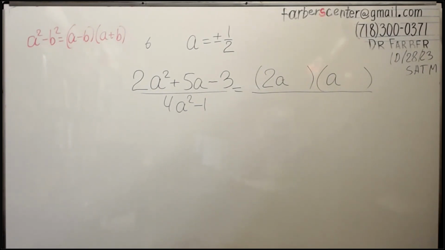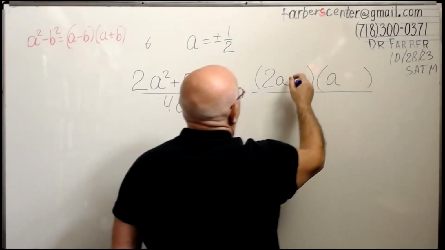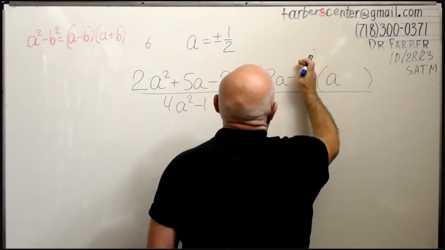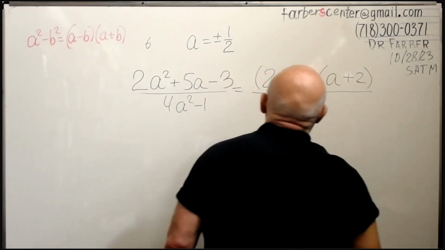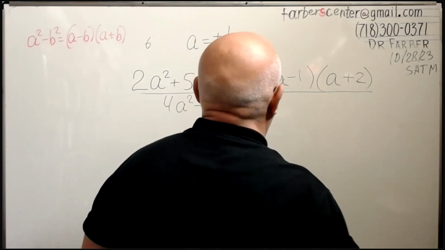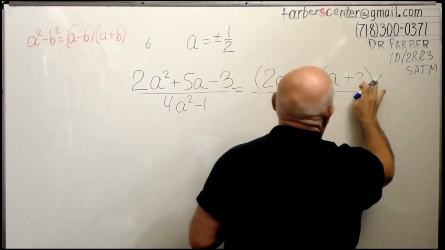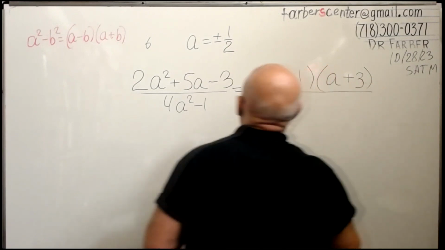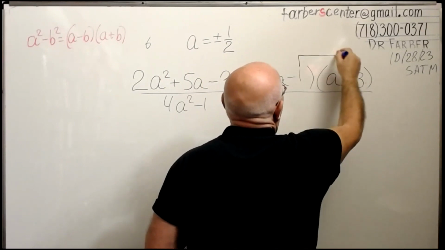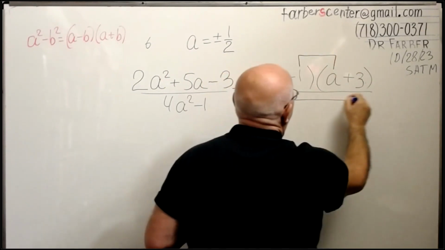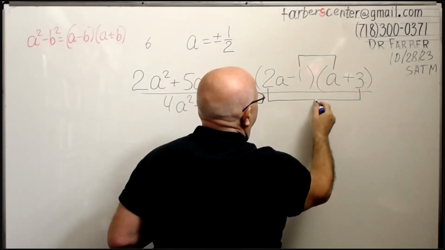All right, I close it. And this is negative 1 and plus 2. How do I check if I factorized correctly? Negative 1 and plus probably 3. Negative times 3 is negative 3. And you check the first coefficient, this 2 and this 2. 2a times 3 is 6a.